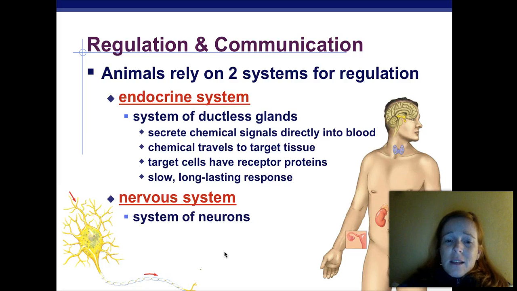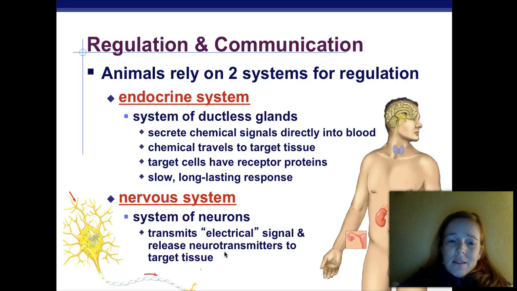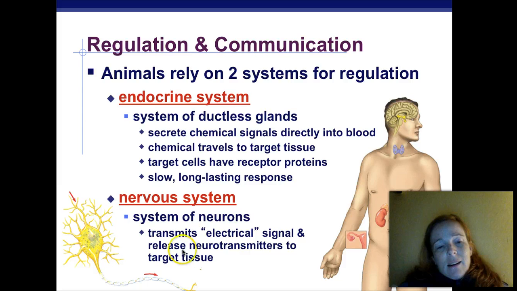Whereas the nervous system is using a system of neurons, and it's using electrical and chemical signals to release the neurotransmitters to target the tissue. And we talked all about how synapses are traveling along and moving along the myelin sheath here to go across the synaptic gap to the next neuron.